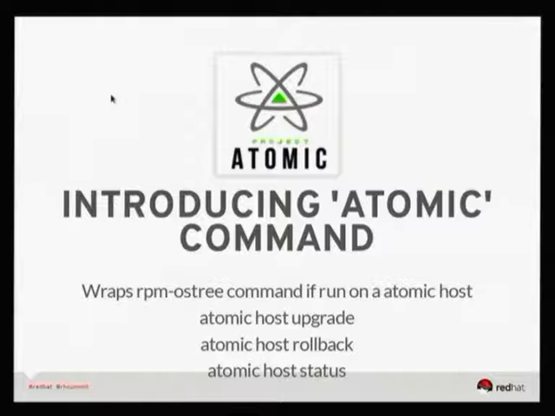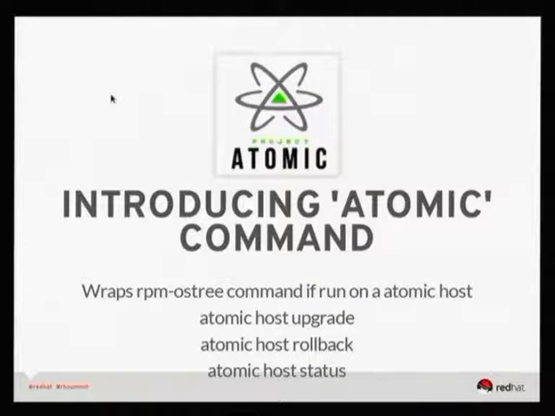Since in Atomic right now there's a symbolic link between atomic and rpm-ostree, we wanted all the commands that are currently available, like atomic rollback, atomic upgrade and atomic status, to be available through the new tool. So atomic host upgrade, atomic host rollback, and atomic host status will exec rpm-ostree to do the exact same commands they do in the current version.